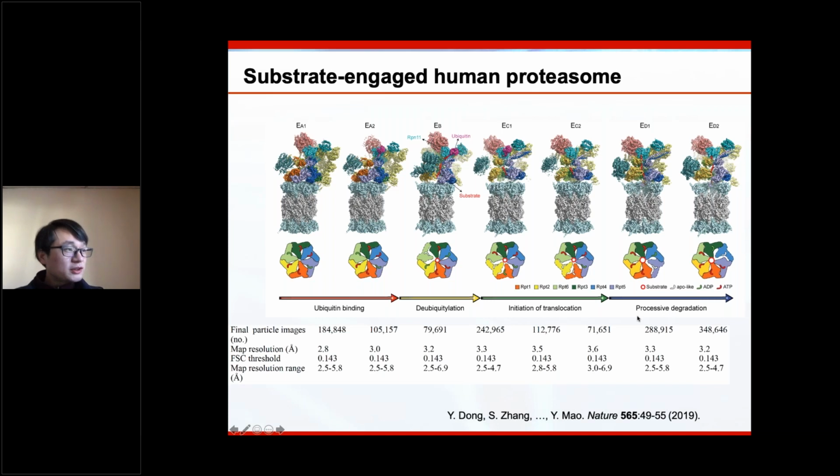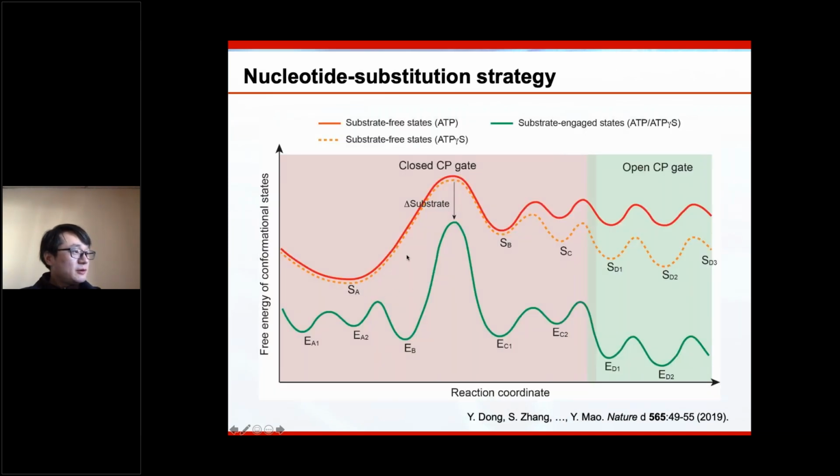What is interesting is that you can still see on this slide a major feature. As you can see, in the absence of substrate, the largest population is the EA state.